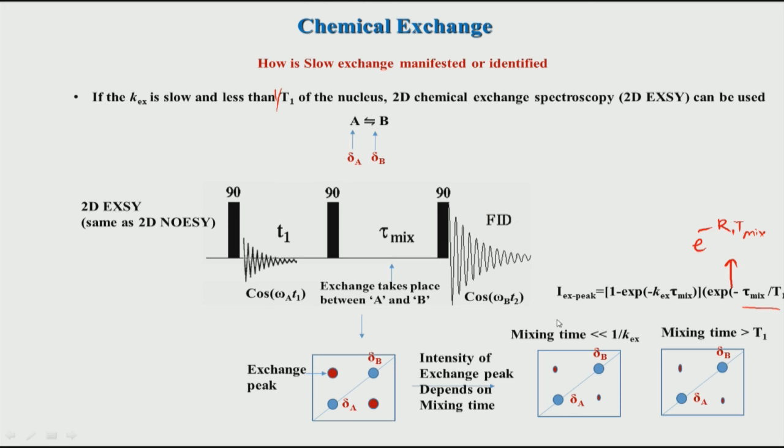So, one has to choose the right mixing time, and based on that you should be able to see a cross peak if there is an exchange between two states. This is very important information, which helps in finding out whether any two hydrogen atoms in two states are exchanging with each other or not.